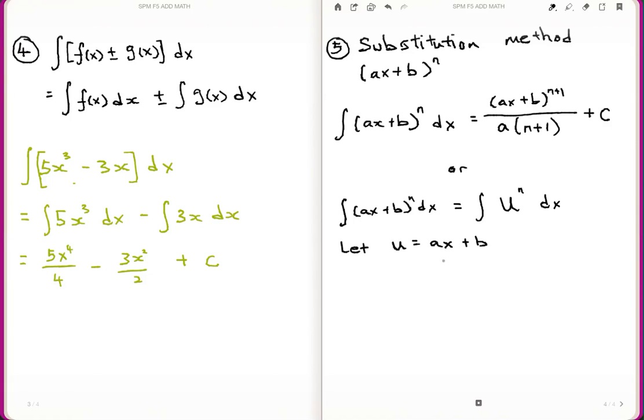What you do next is find out how u and x are related. In order to do that, you differentiate u, du over dx, so that you can have u and x. Du over dx for this function will be a.